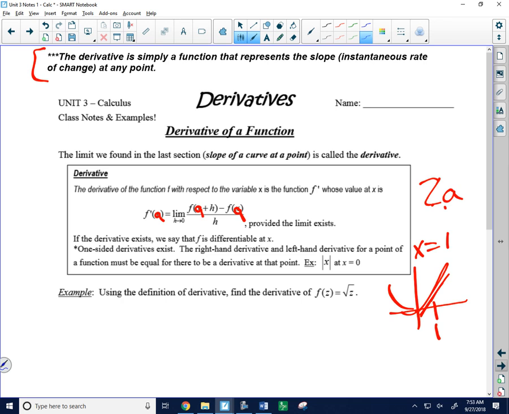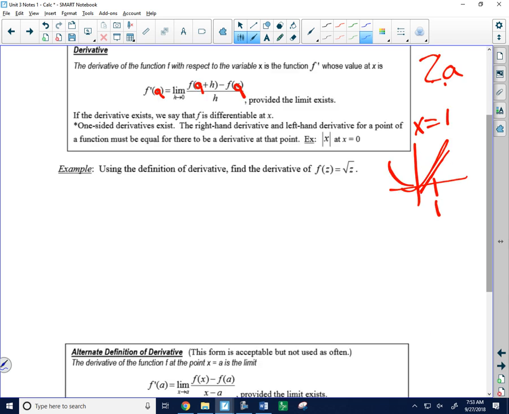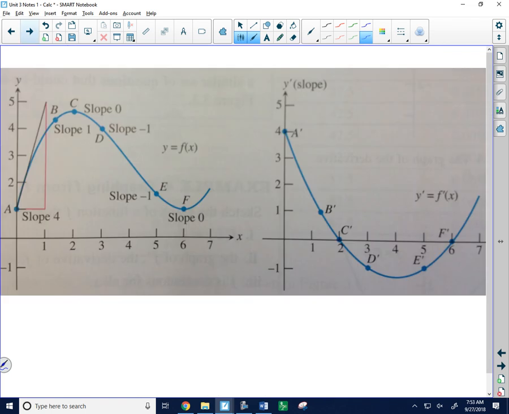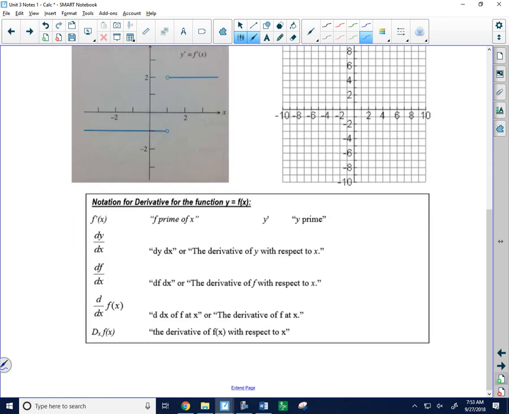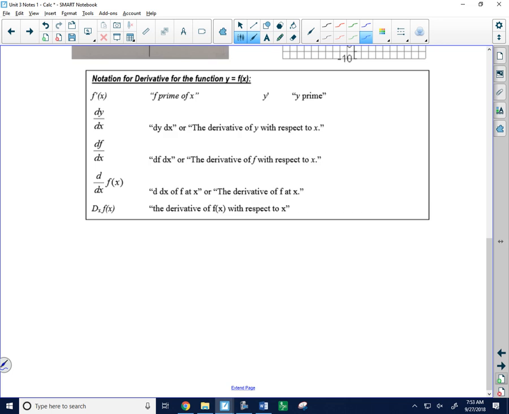Okay, now here's some new notation. You have a function f of x, or f of a, or f of z, whatever you want to call it. Here's how we're going to write the derivative. You put this apostrophe there. We call it prime. So I'm going to be saying f prime of x.